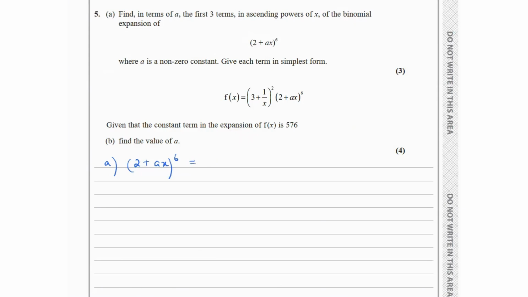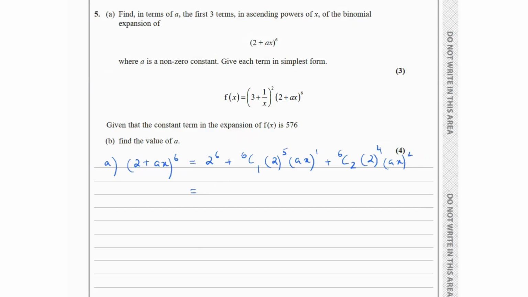That's going to be 2 to the power of 6 plus 6C1 times 2 to the power of 5 times ax to the power of 1, plus 6C2 times 2 to the power of 4 times ax to the power of 2. We just need the first three terms, so we stop over here. We don't expand it completely.